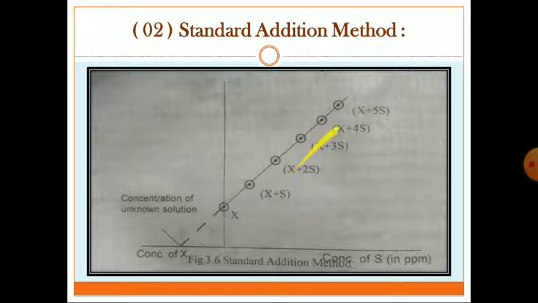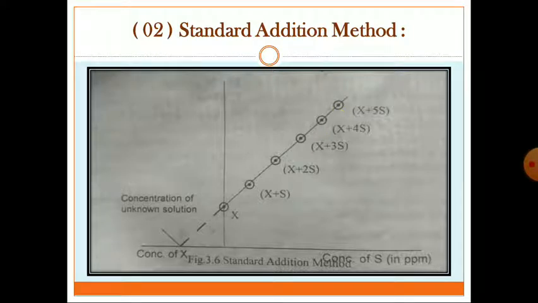Into the other unknown sample solutions we add the standard in varying amounts: 1s, 2s, 3s, 4s, 5s. Likewise we have increased the concentration of each solution, which is why we get the straight line points.